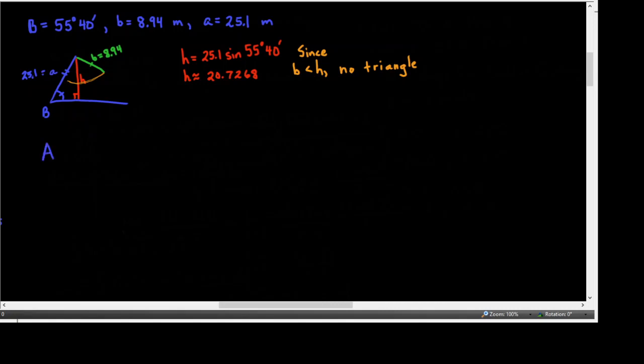Let's say A is this time 55.3 degrees. I don't know why I got stuck on the 55 degree something angles. Just doesn't matter. And side A is 22.8 feet. And side B is 24.9 feet.